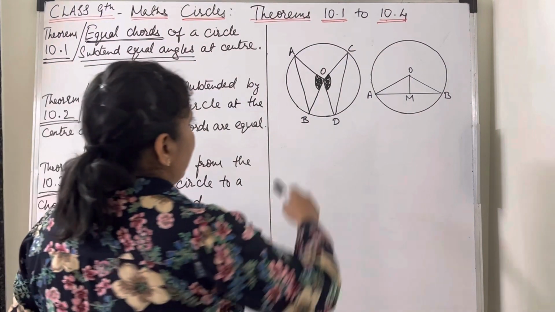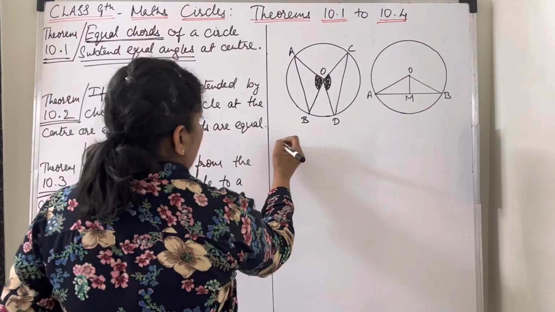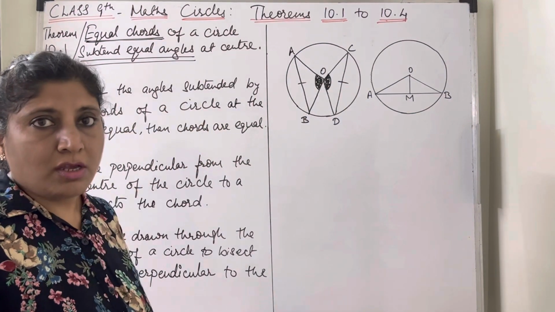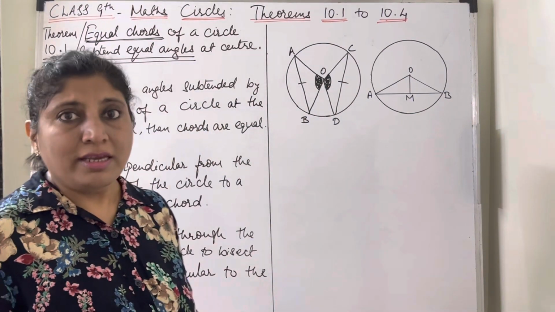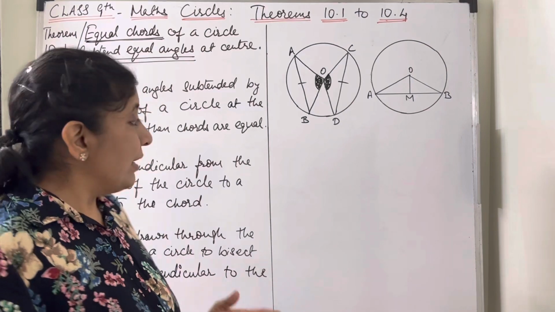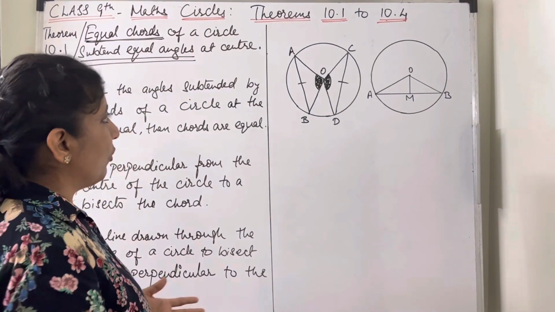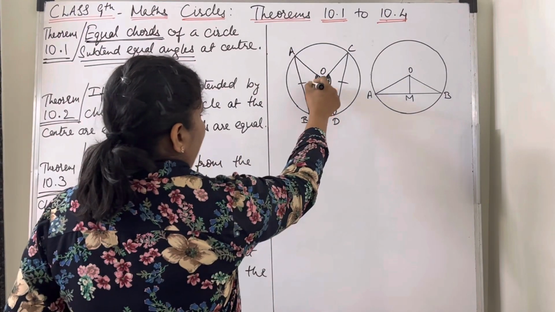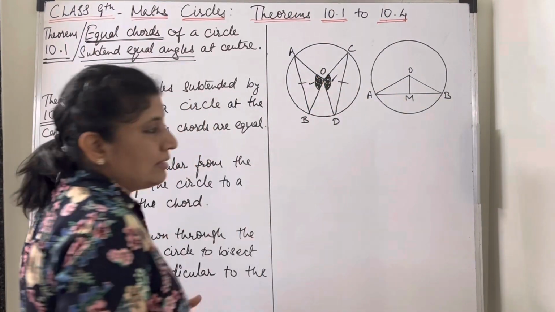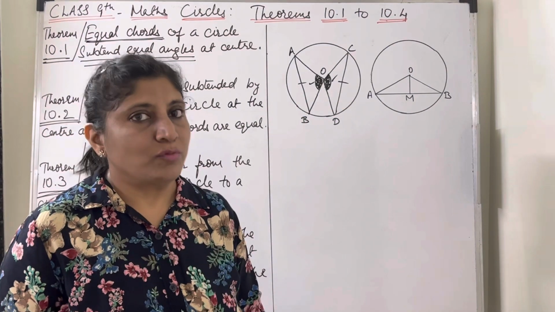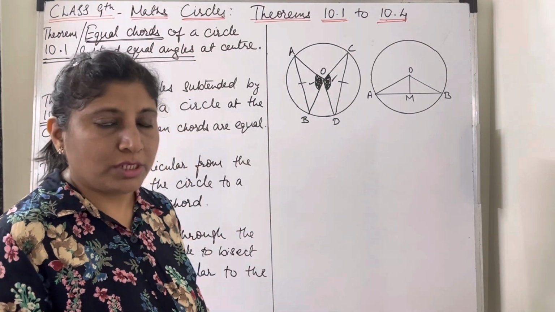Let us start and assume this A and B are two given equal chords. So these two chords are given as equal. And now to prove, what is to be proved? We have to prove that these chords subtend equal angles at the center. So these two given angles are equal. That is what we have to prove in this theorem 10.1.